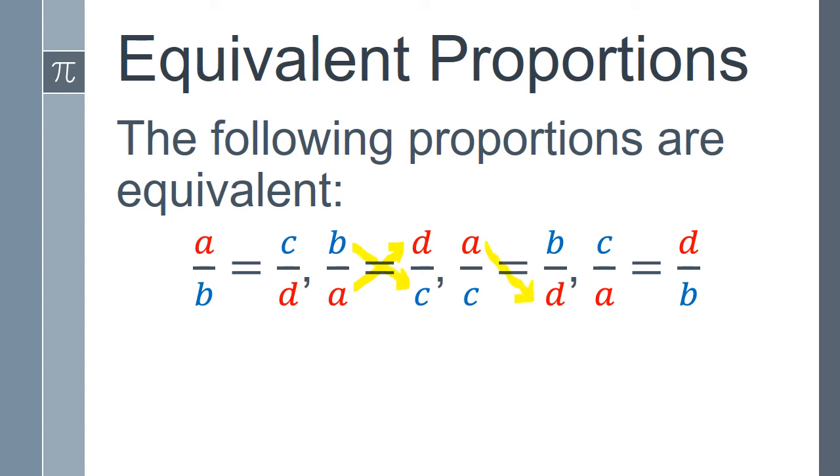Same thing here, so B and C switch spots. We're still there with this. So all of those end up with the same cross multiplication property.